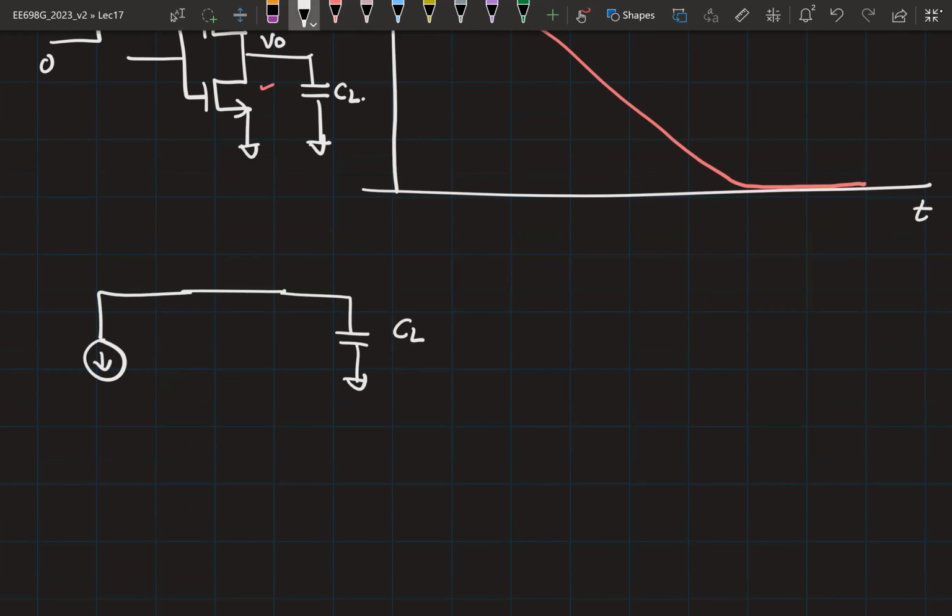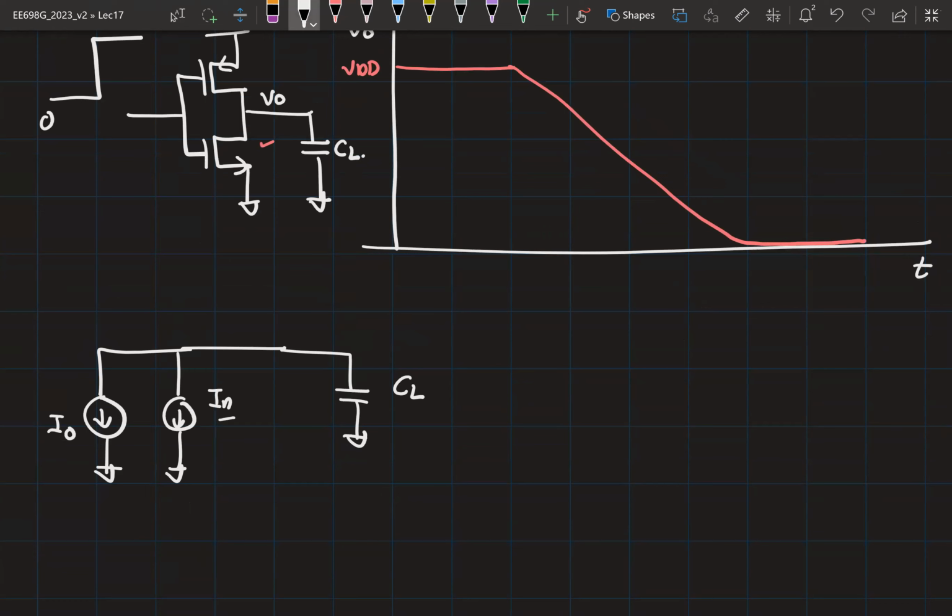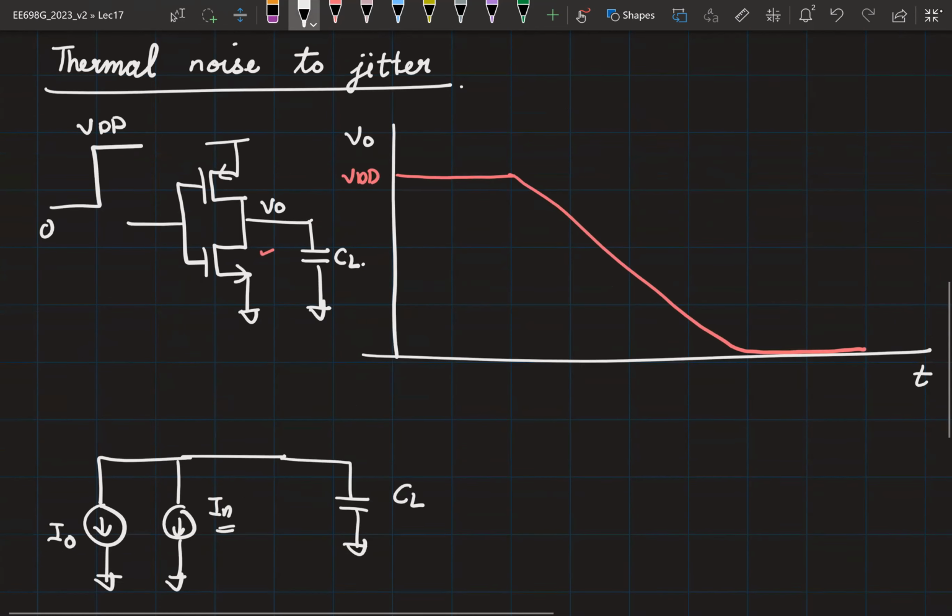Let's say this is the average value of the NMOS current. And if this NMOS had thermal noise, I can represent it with an IN square here. So what I'm representing is basically the PSD of the thermal noise current, right? If there is a confusion, I can also write it as IN. Okay, so now in the presence of this IN, how would this transition look like?